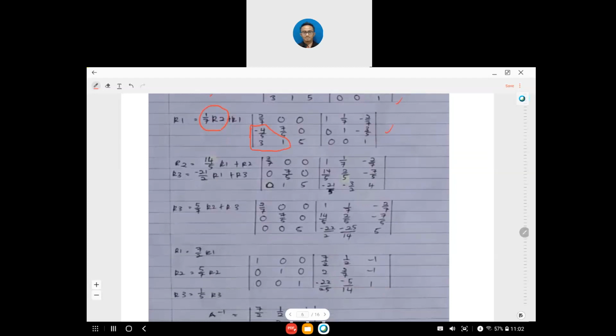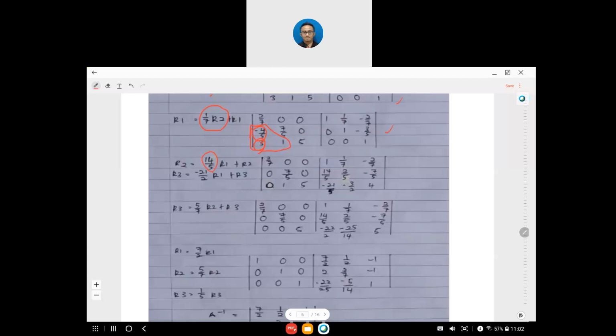First, you need to change 3 and negative 4 over 5 to become 0. To change negative 4 over 5 to become 0, you times by 14 over 5 because we are using 2 over 7. Okay. How do we find this 14 over 5? Like I showed earlier. The same. Okay.